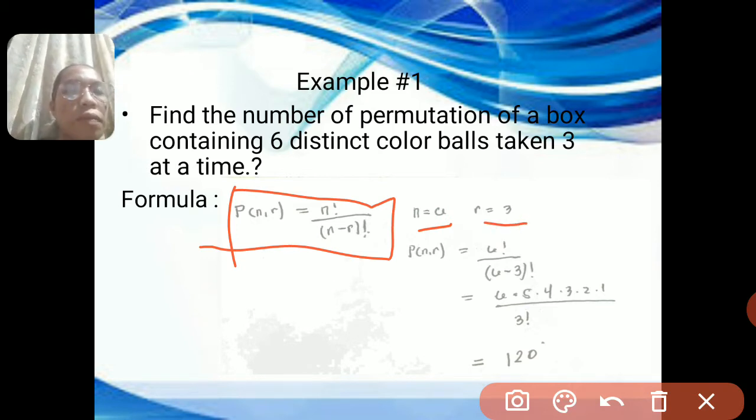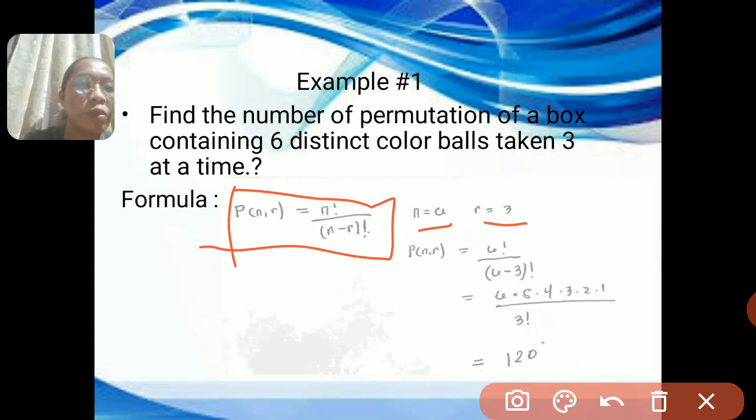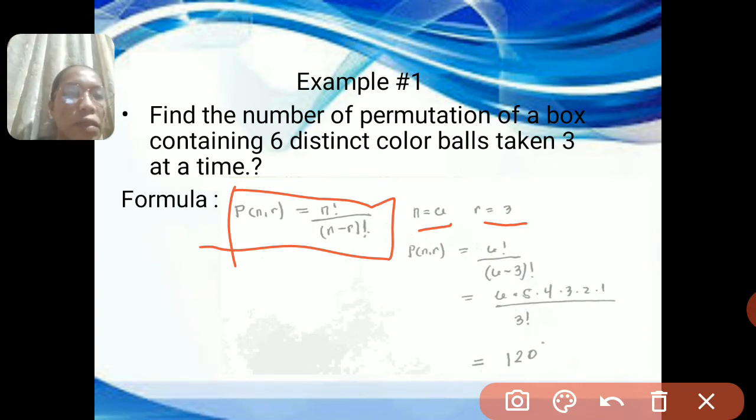So P(n, r) equals 6 factorial divided by 6 minus 3 factorial. 6 factorial is 6 times 5 times 4 times 3 times 2 times 1. And the answer of 6 minus 3 factorial equals 3 factorial.